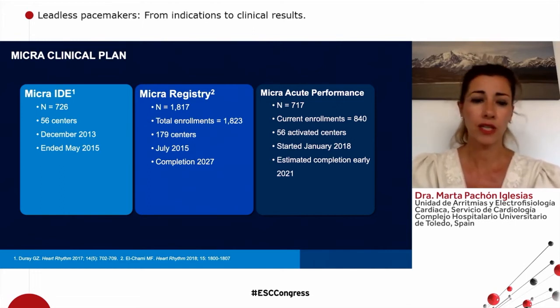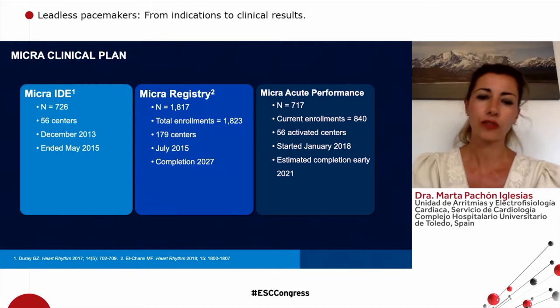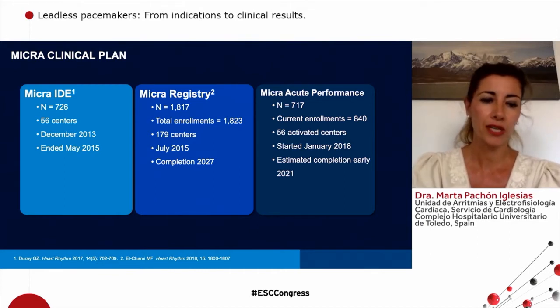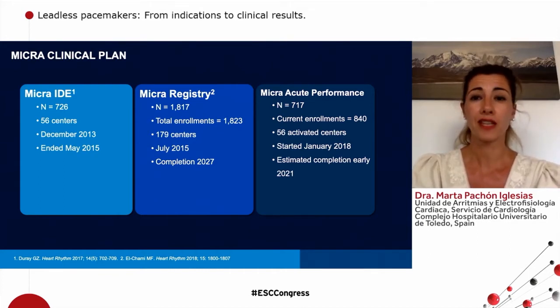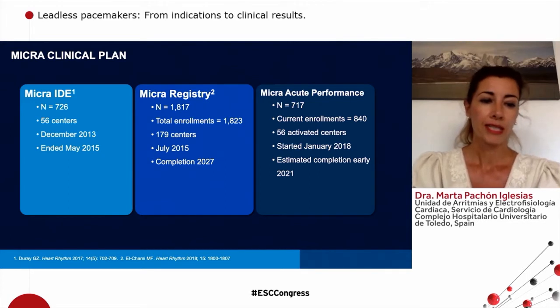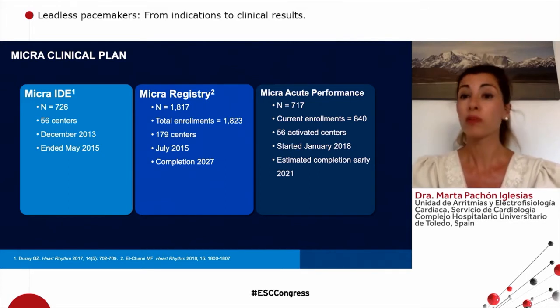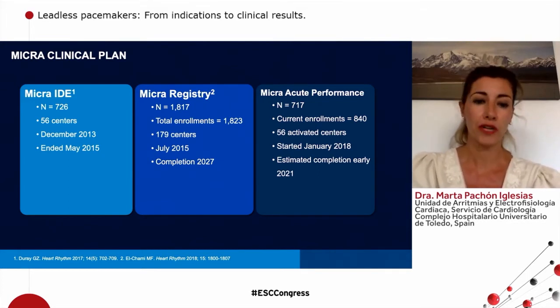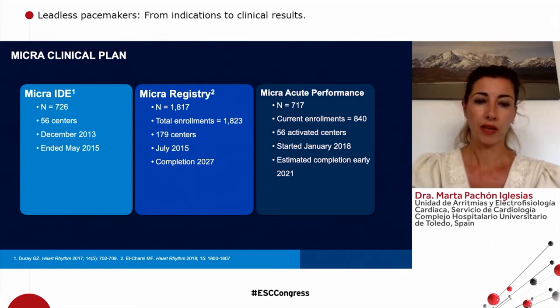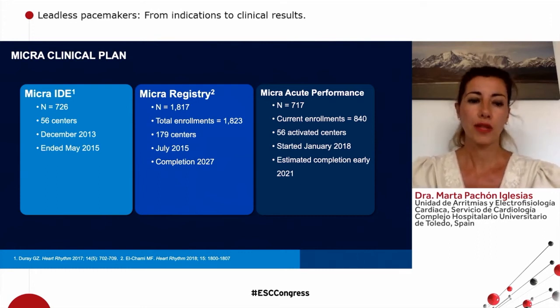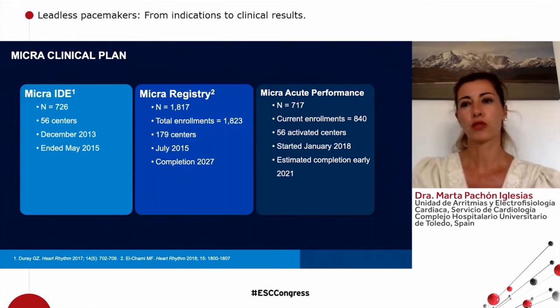The current total enrollments are 840 patients from 56 activated centers. The enrollment started in January 2018, and patients will be followed from implant through a maximum of 2 years.